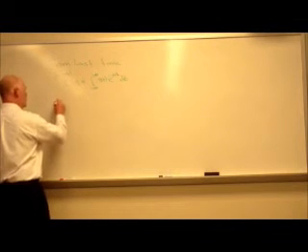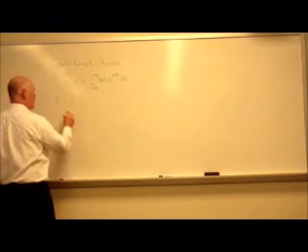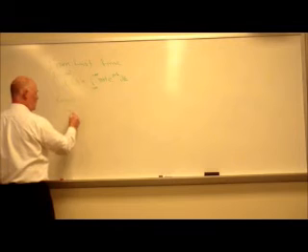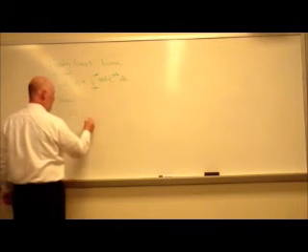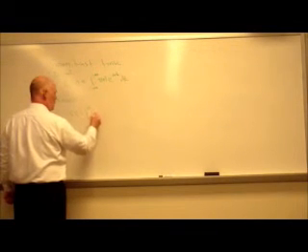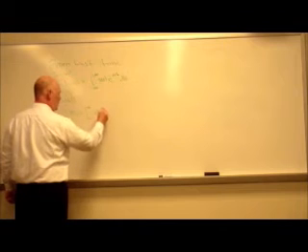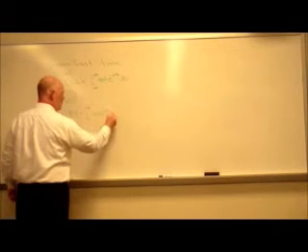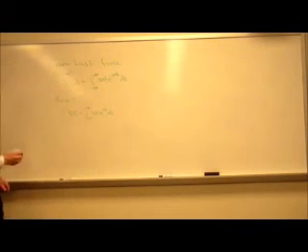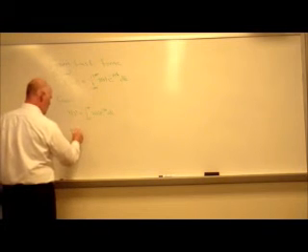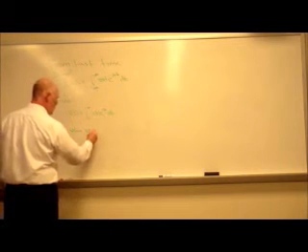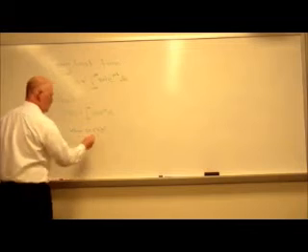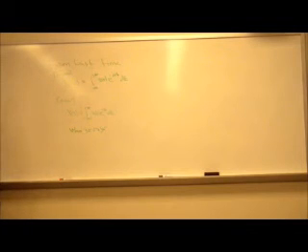We talked about how close this is to the Laplace transform. X of s is the integral from minus infinity to infinity of x of t e to the minus st dt, where s is sigma plus j omega, right?